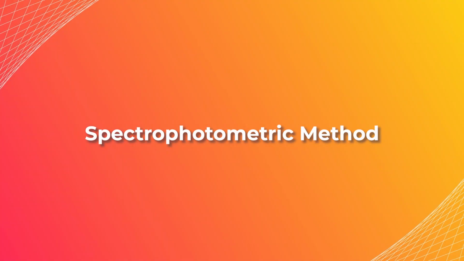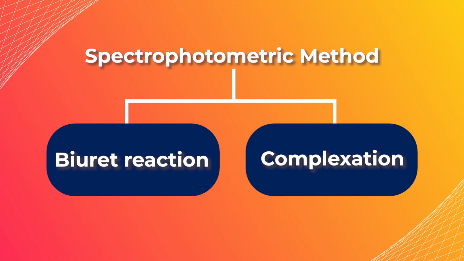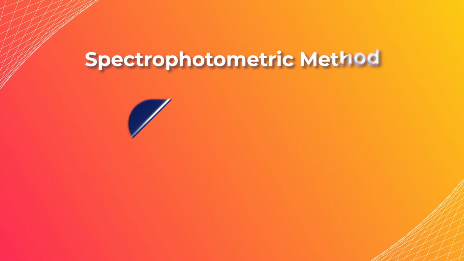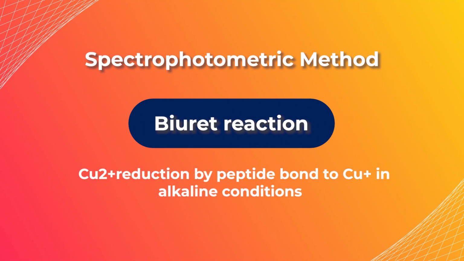Now let's see the other direct method, the spectroscopic method. In that, there are two methods possible. One is the biuret reaction and the other is the complexation reaction. In the biuret reaction, we take the solution which has copper 2 plus.